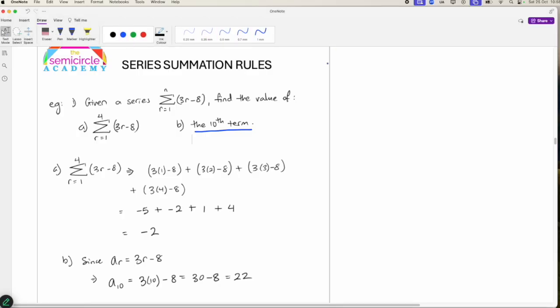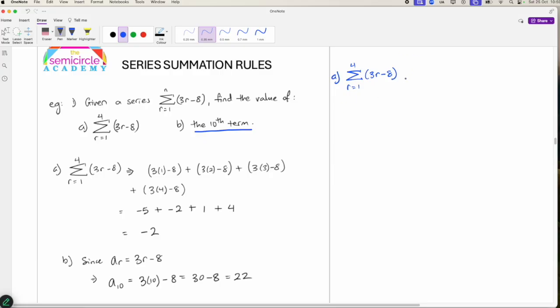Okay, so I want the summation of this series from r is 1 to 4, so part A. The summation from r is 1 to 4 of this sequence 3r minus 8.